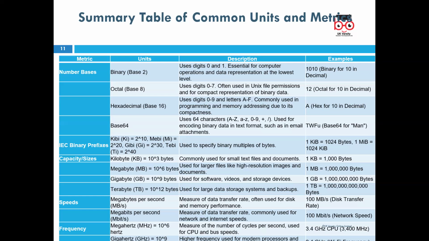After number bases, we have IEC binary prefixes, such as kilobyte, megabyte, gigabyte, and terabyte. These are 2 to the power of 10 for kilobyte, 2 to the power of 20 for megabyte, 2 to the power of 30 for gigabyte, and 2 to the power of 40 for terabyte.